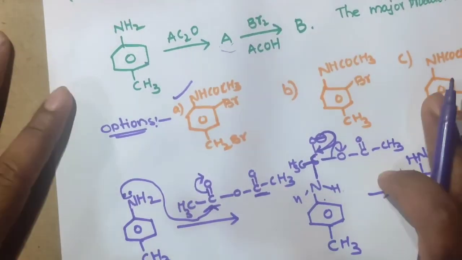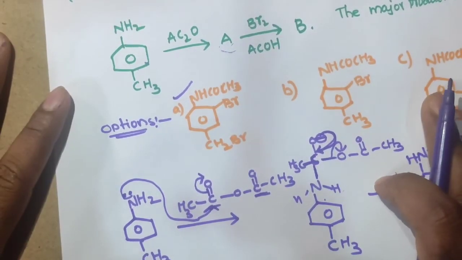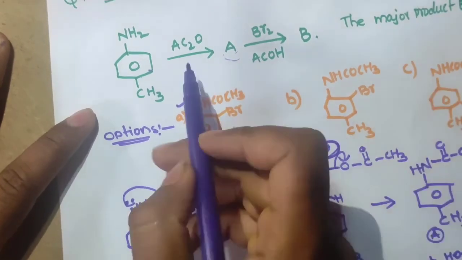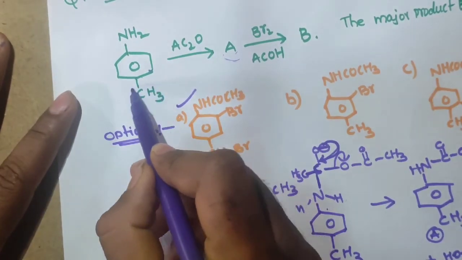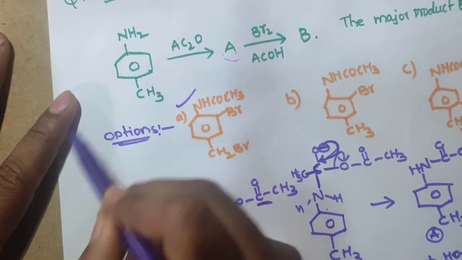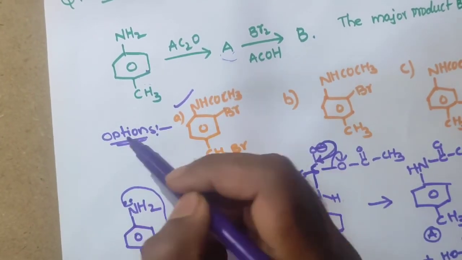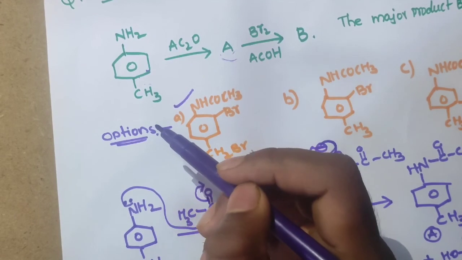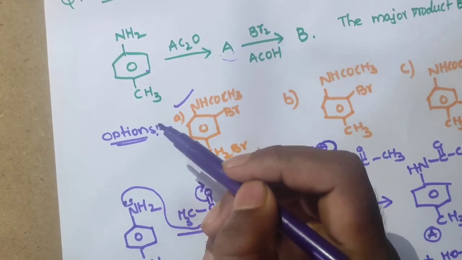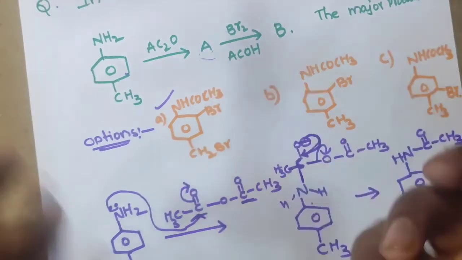In similar reactions, in some other examples, if they won't mention any substituent like this methyl, then the reaction will be somewhat different from this particular reaction. So you just try that particular reaction. I will mention the question here.